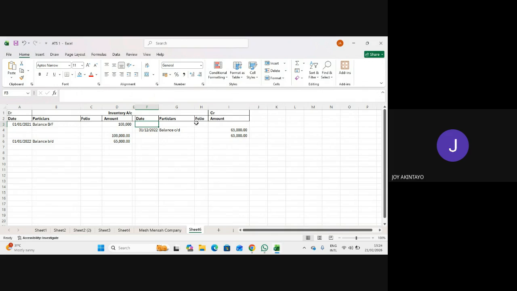Minus 108, we have how much? How much do we have? 43,000 naira. So this will be our purchases for the period.